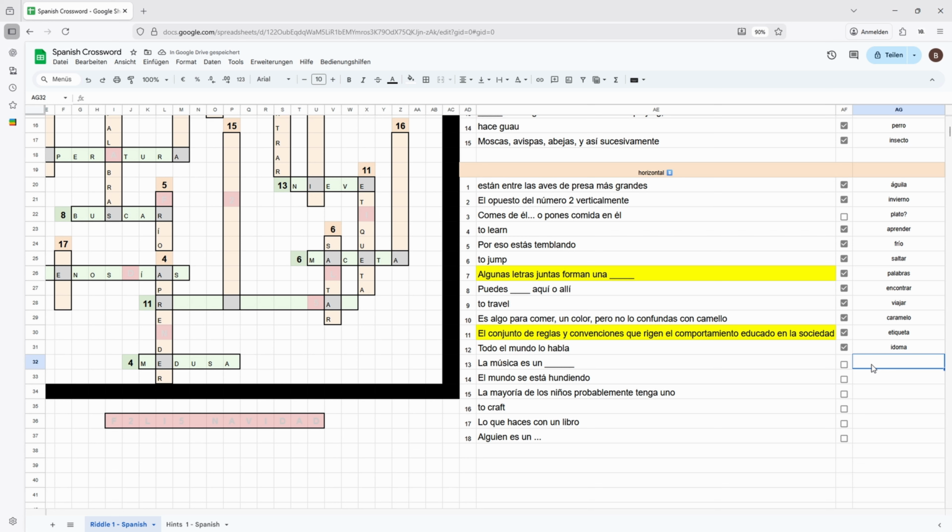Then we have la música es un. Music is... I have no clue what she would want to have there. What is music? I don't know. El mundo se está hundiendo.